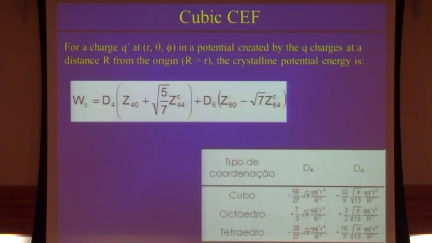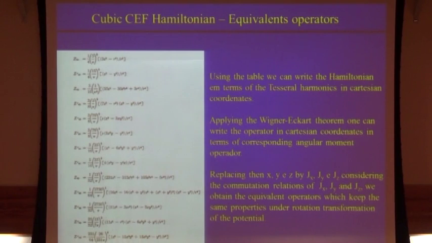And these coefficients that we call the crystal field parameters depend on the site symmetry, the distribution of the charge, and the distance of the charge, right? Okay, but the interesting point here is that when you try to extrapolate this for any particular charge distribution, what you do is write your operators that are in Cartesian coordinates.